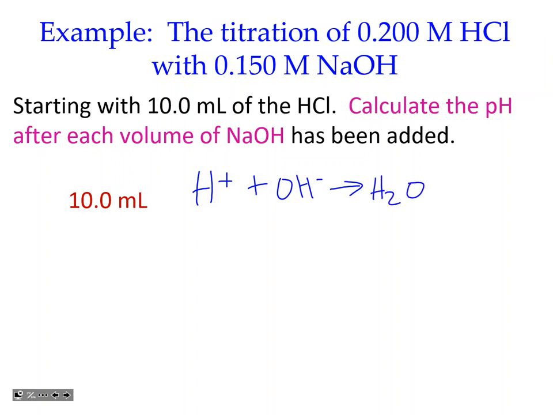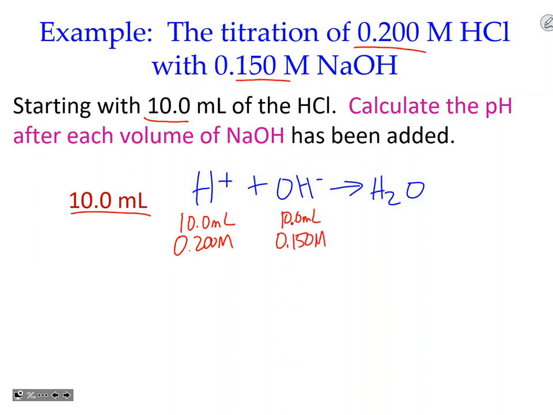And we're starting off with, for the HCl, 10 milliliters and our concentration, 0.2. And for our hydroxide, we have 10 milliliters and we have 0.15 molar.